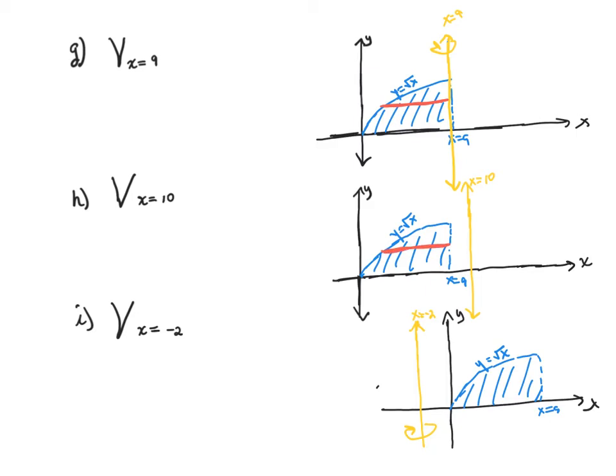So we draw a horizontal rectangle in the region as if we're finding its area. Now, when we rotate these rectangles, notice that this rectangle is sitting on the axis of revolution, so we'll get a disk.